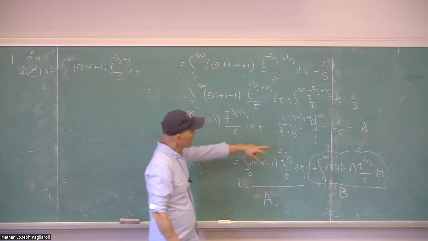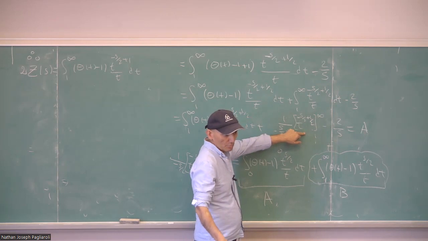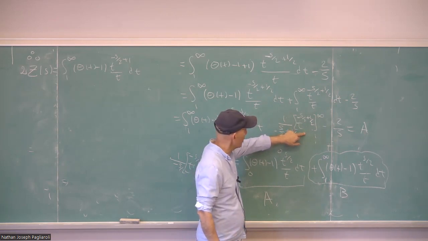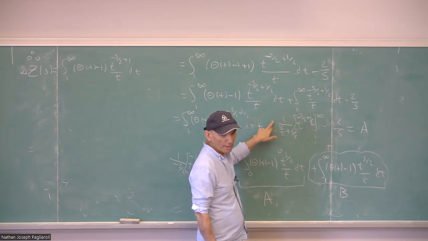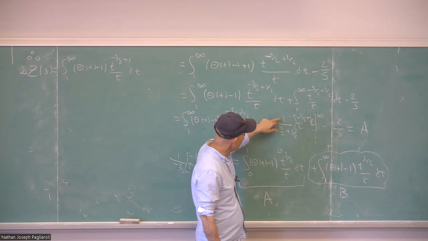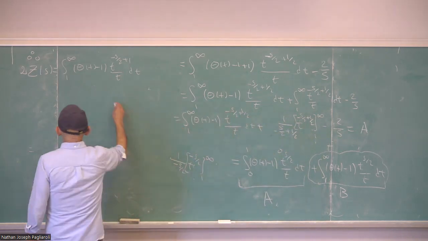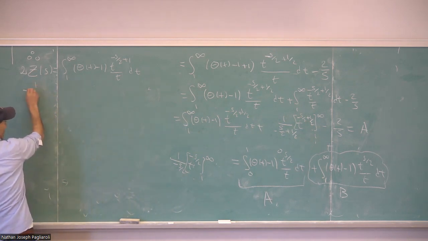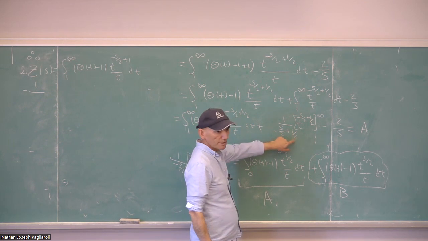Now let's compute this term. What is this term? As t goes to infinity, it is 0 because the real part of s is bigger than 1. And at 1, you're going to get 1, but with the minus sign. So this is minus 1 over negative s over 2 plus half, let's be careful.